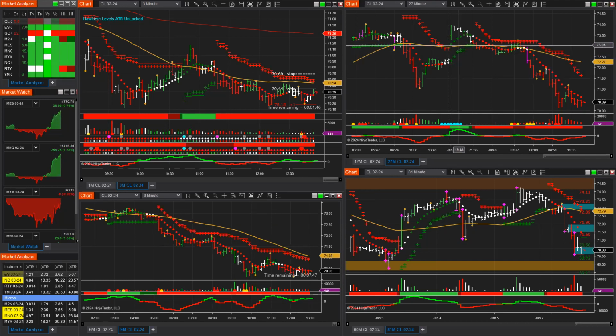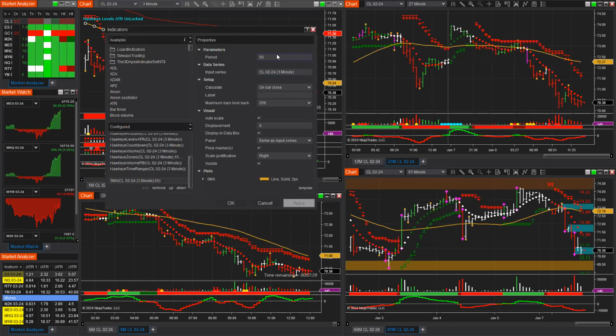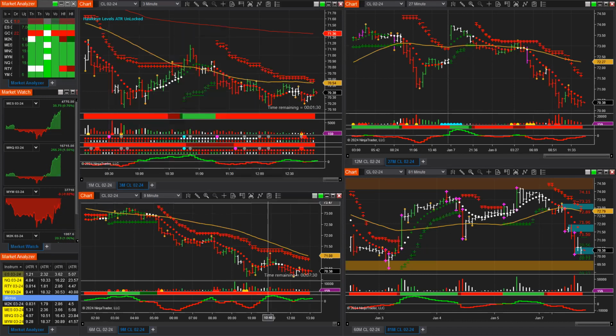Well, this is a 50 SMA. It's not an EMA. It's just a 50 period simple moving average. It's a very stable line for support and resistance.